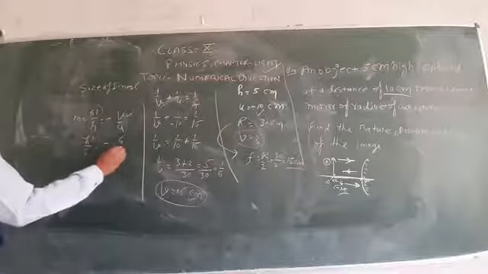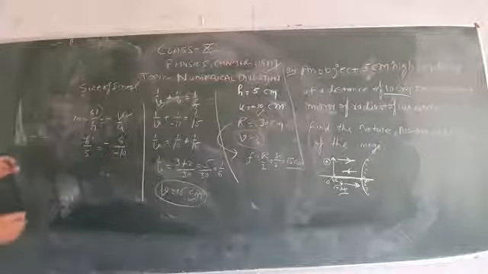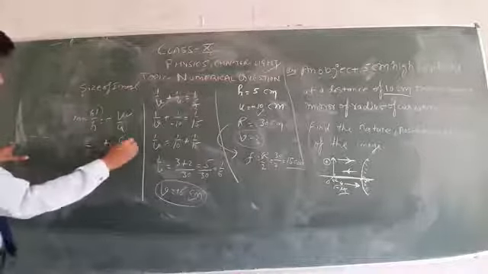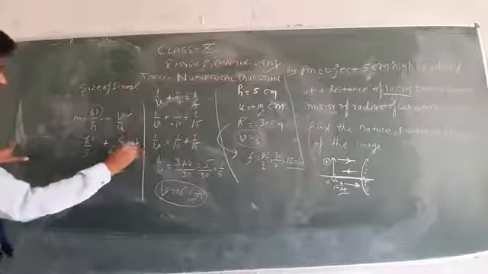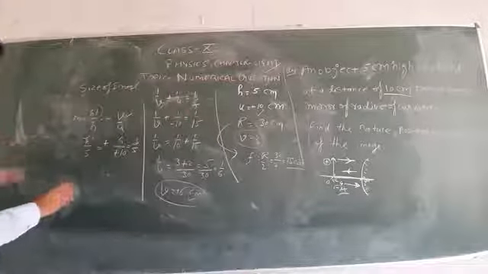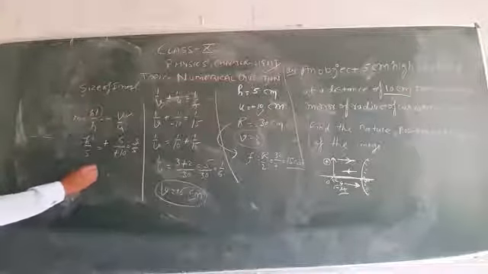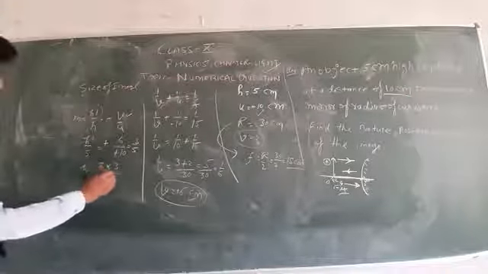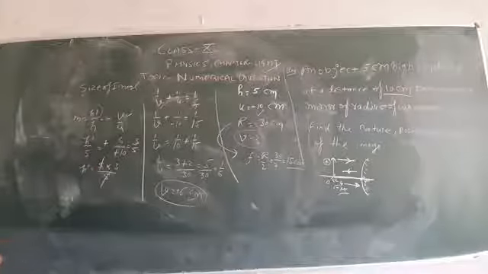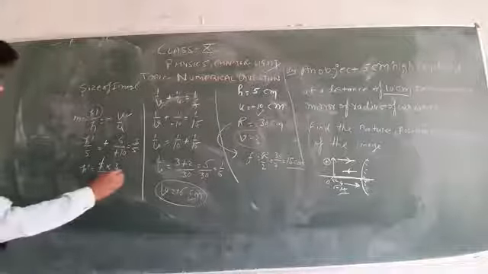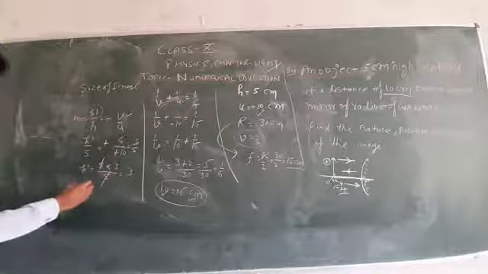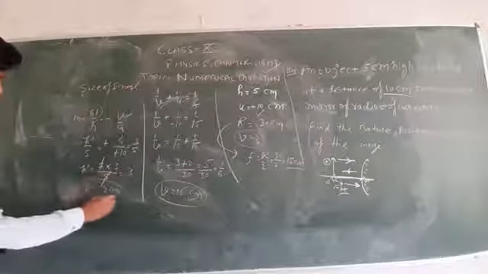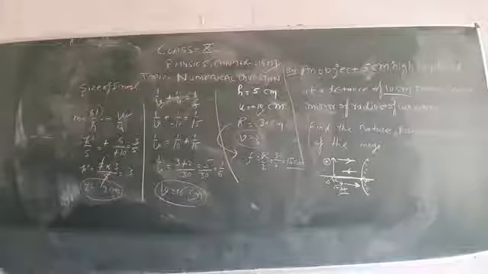Negative into negative is positive. So this is 3 upon 5. So h dash equal to 5 into 3 upon 5. So 5 cancelled by 5, so value of h dash is 3. It means h dash is 3 centimeter. This is the height of image.